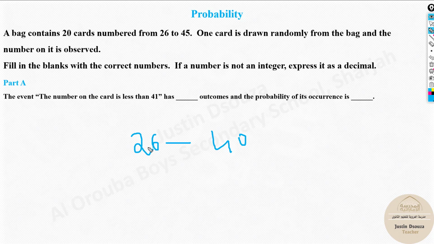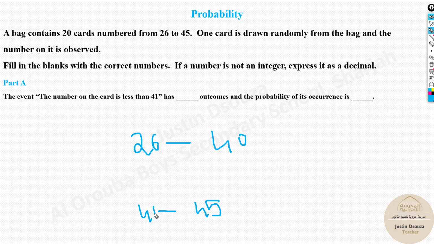So what is the probability for this? The desired outcome over here is basically all these numbers. Let's count. You can either count from 26 to 40, or there's another easy way. What are the remaining numbers? It is 41 to 45.